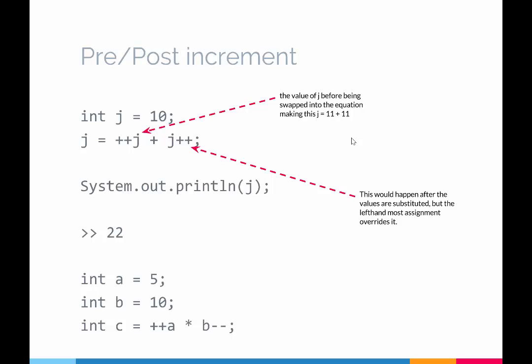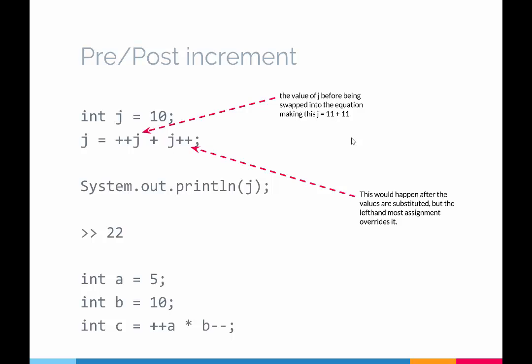And that was further demonstrated. A lot of people got this 22 right, but then they missed down here because we didn't understand what's happening. So in the next problem, a got incremented to 6 because it's increment the value first, then use it in the expression. So this is 6. Then it says use b, then decrement b. So b gets plugged into here as 10, then b gets decremented to 9.